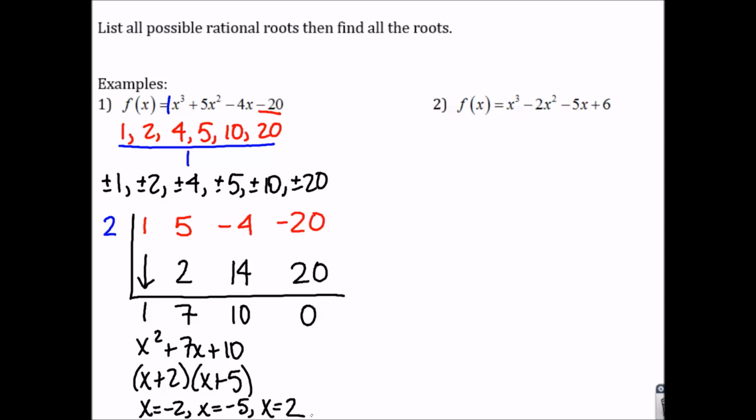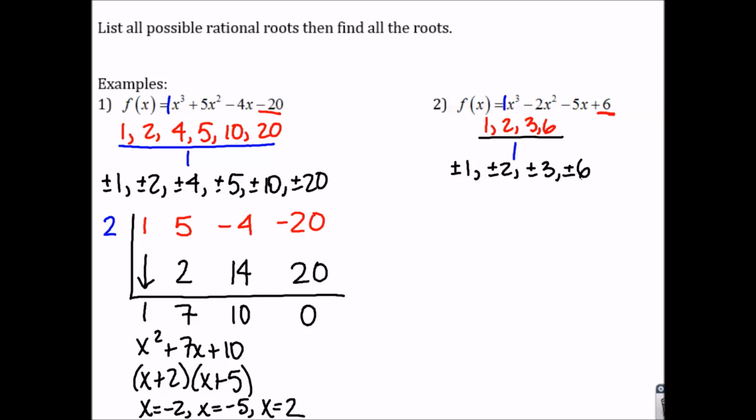For the next example, we're going to do the same process. We're going to find the factors of our constant, which are 1, 2, 3, and 6. Then we're going to find our factors of the leading coefficient, which is 1, and divide them. So I end up with positive and -1, 2, 3, and 6 as my list of possible rational roots.